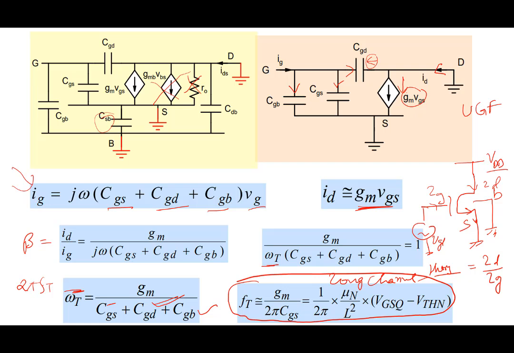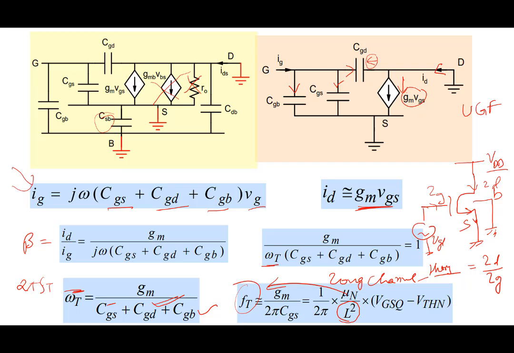Of course this expression is important because, despite its limitations, it tells us several important things. One is obviously the way to make the MOSFET faster is L. Scale the channel length. Reduce the channel length and the MOSFET will become a faster MOSFET. The other one is mobility. Silicon is not a high mobility material. If you could make MOSFETs on indium gallium arsenide, and there are other materials as well, which give you better mobility, well, then you'll get a faster MOSFET.